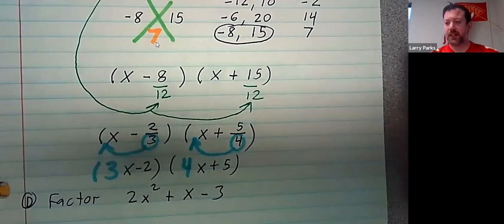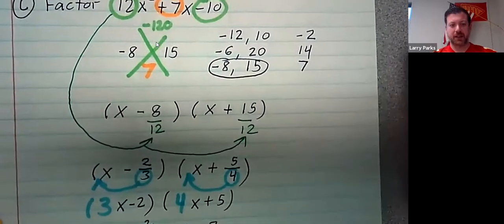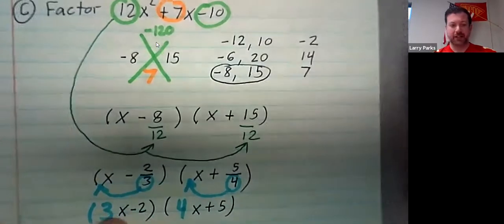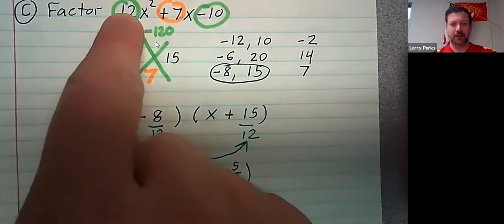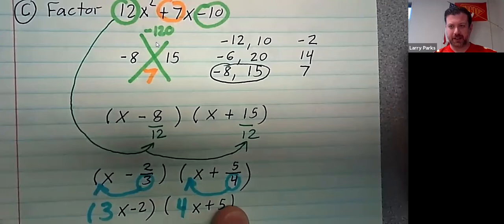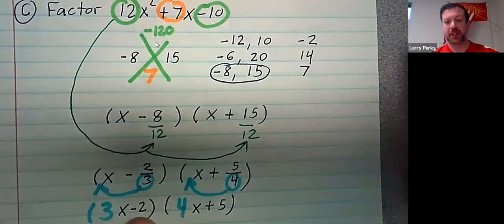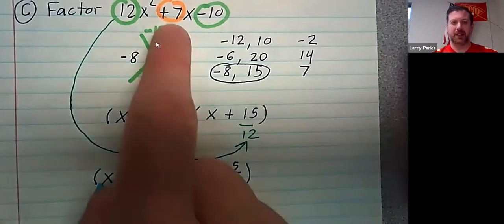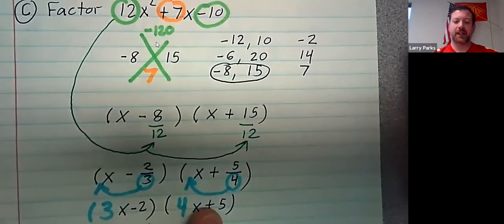Now, the easiest way to check your work would be to distribute: 3x times 4x, 12x squared. 3x times 5 is 15x. Negative 2 times 4x is negative 8x. Negative 8x plus the 15x I spoke of before is 7x. And negative 2 times 5 is negative 10.